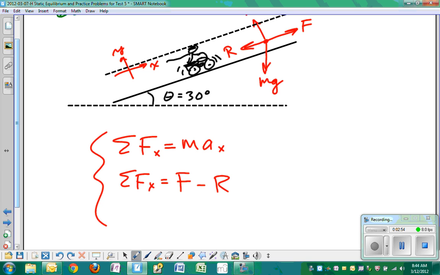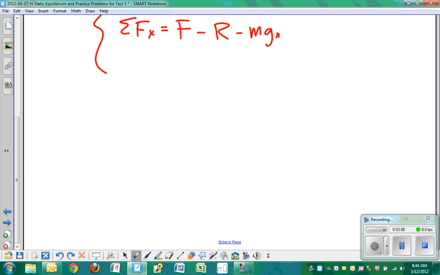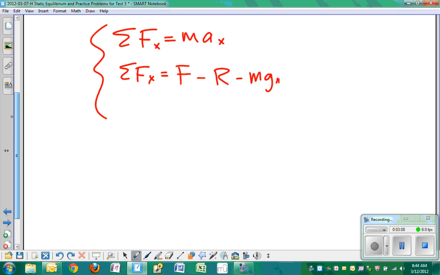R and? Yes. We have mg parallel, and that's going to be mg sine theta. That is correct in this case, which is easy because the sine of 30 is 0.5. I'm assuming that it gives us his mass as well, or his weight. What's it give us?